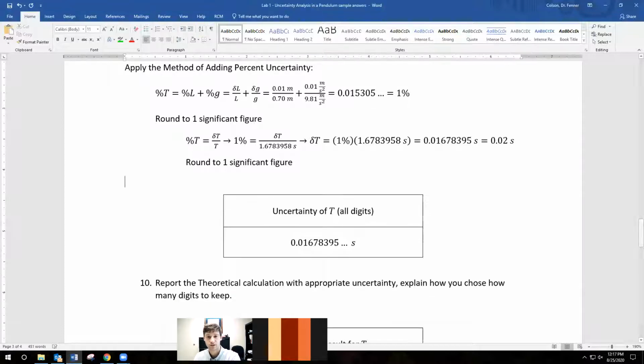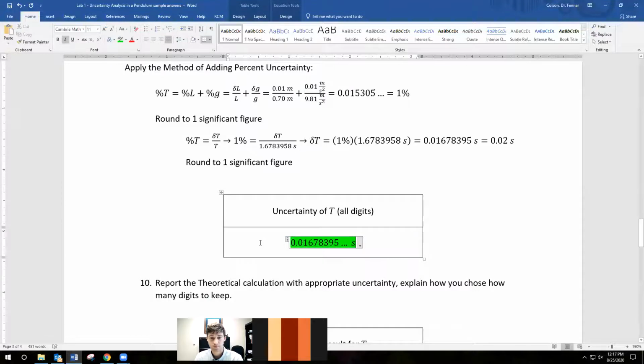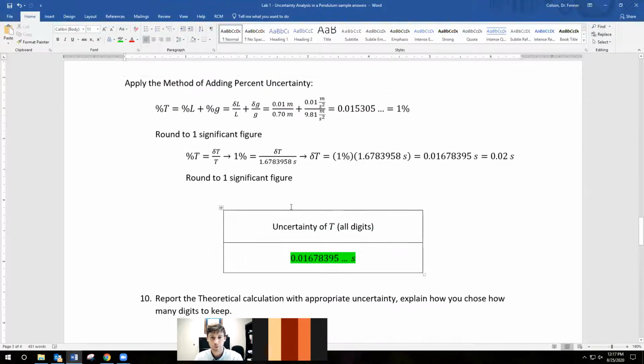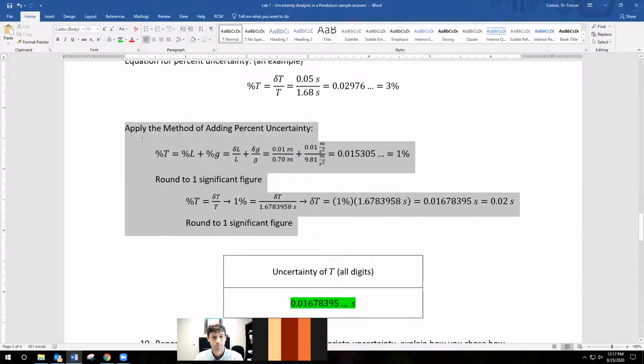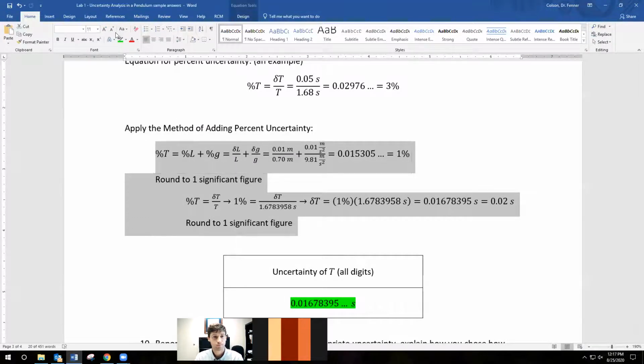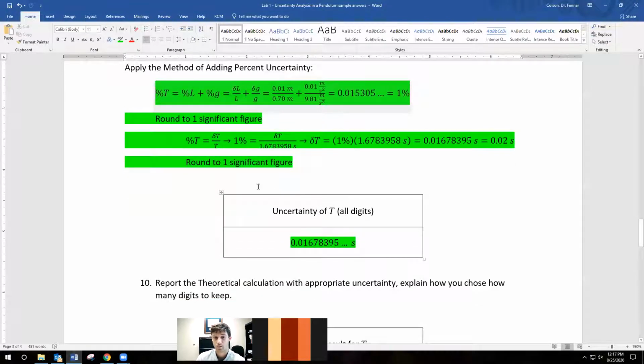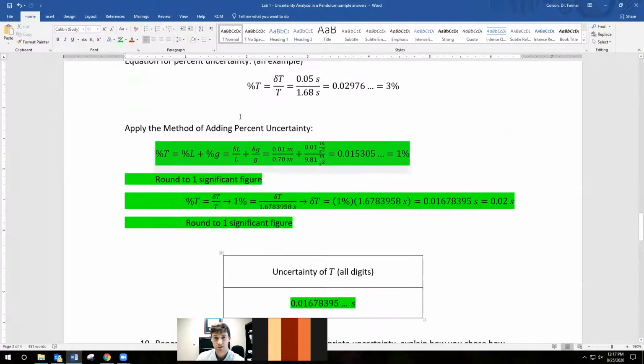So all the digits, but we'll see how, when we round to one significant figure, that'll play into the uncertainty.